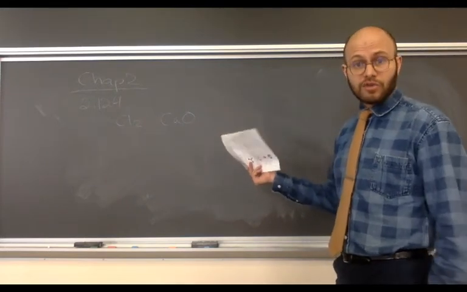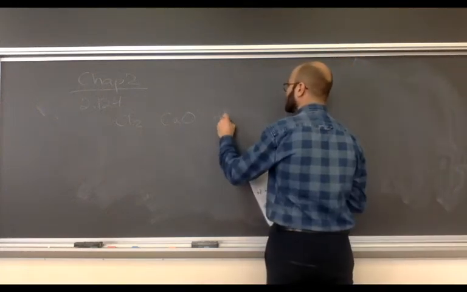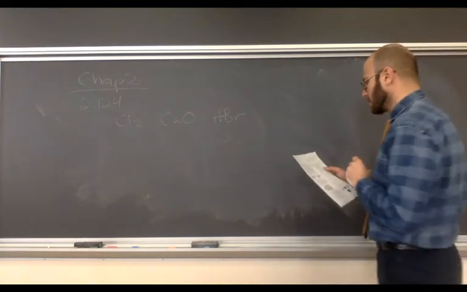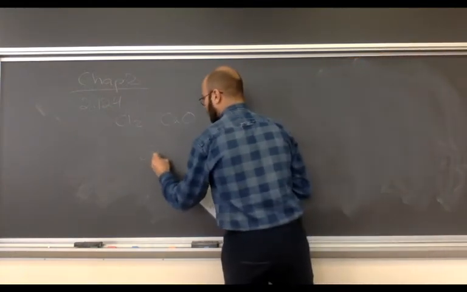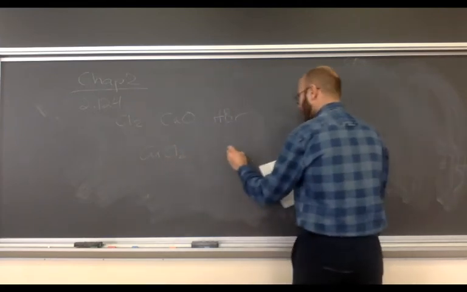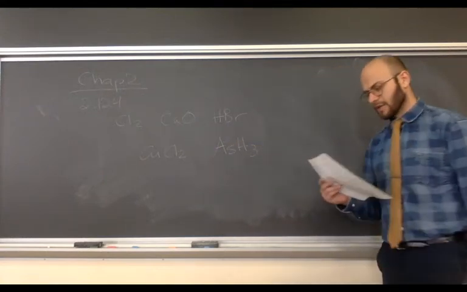Really useful also for making concrete and cements and things like that. You have hydrogen bromide, which is about as toxic as you get. At least I wouldn't want to have to work with it. We have copper chloride. We have, oh gosh, there's always elements that I forget about.